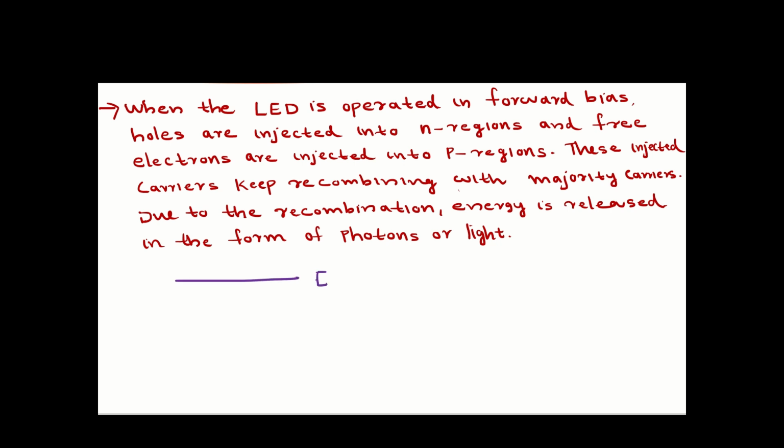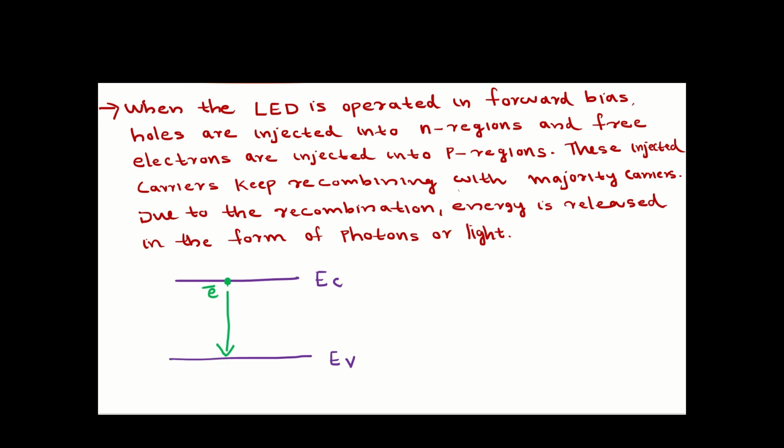For example, this is the energy level of the conduction band and the bottom energy level of the valence band, and the electron falls from the conduction band to the valence band and recombines with holes present in the valence band.